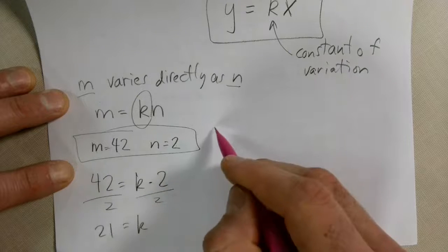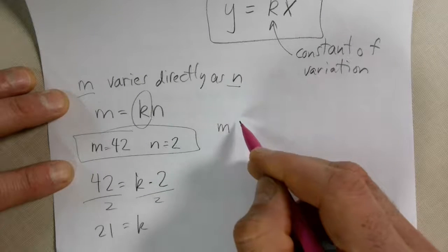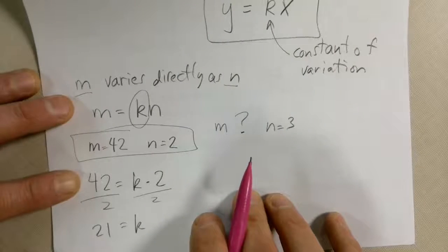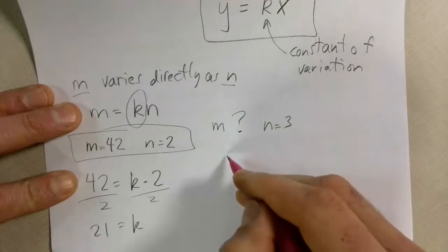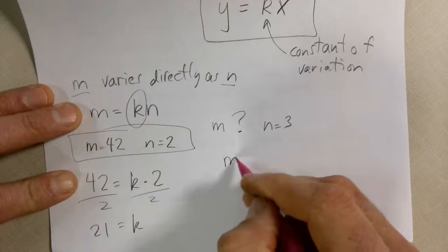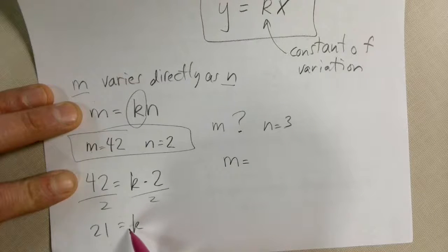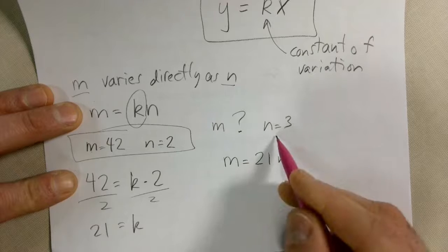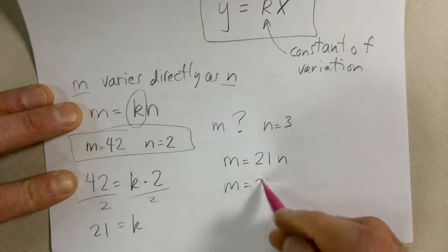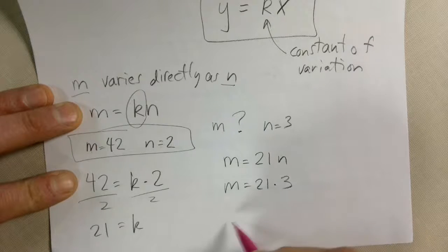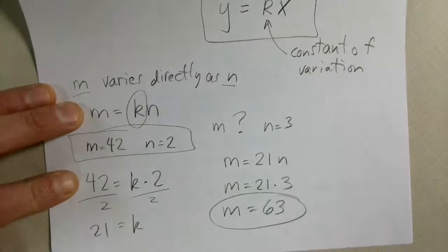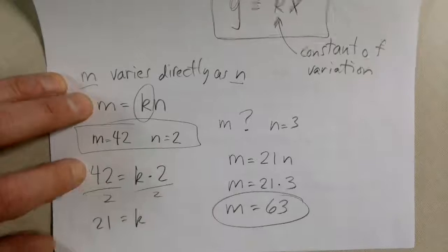Can you find what M is when N equals 3? Well, yeah. We're going to take our equation. So M is equal to, and we figured out the K, 21 times N. They gave us the N. M equals 21 times 3. We did it. Okay, so you're going to be doing stuff like that.